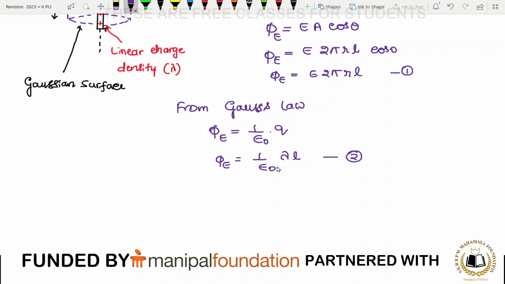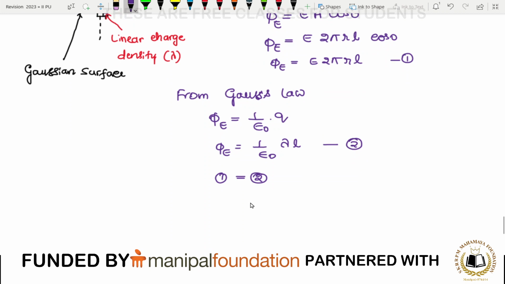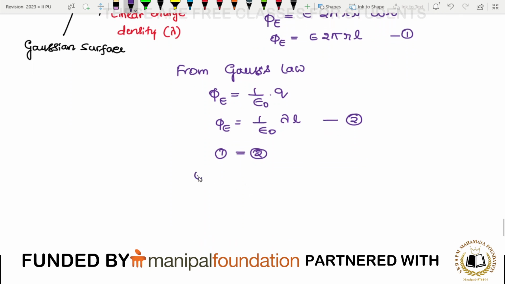So next step, what do you have to do now? Equate both equations, 1 is equal to 2. Equation number 1 is E into 2 pi r into L, equal to 1 by epsilon naught times lambda into L. So L is going to get cancelled out.